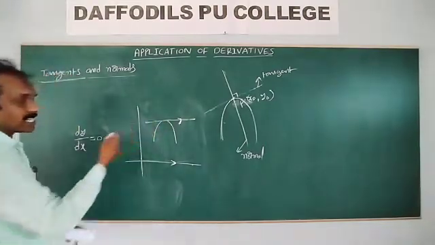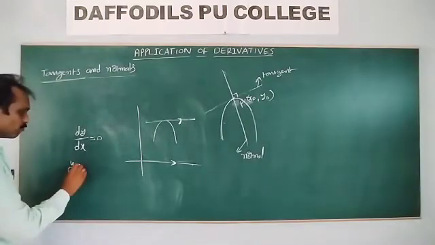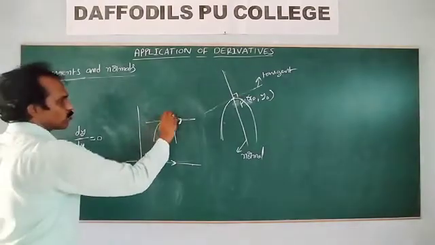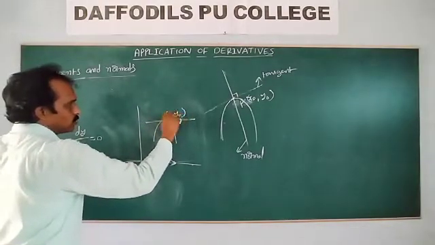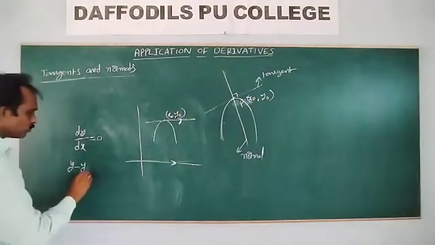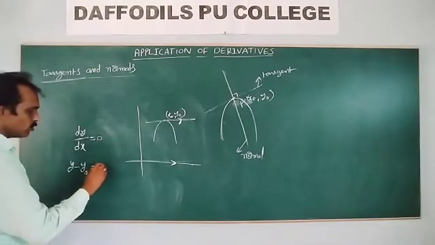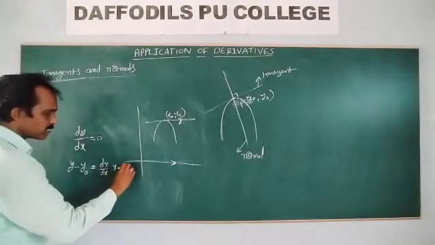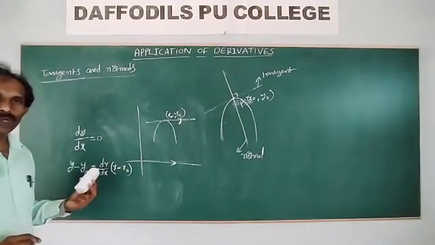What is the tangent equation? At x naught, y naught, y minus y naught is equal to dy by dx times x minus x naught, where dy by dx is the slope m.